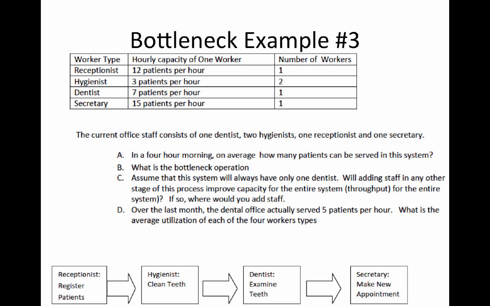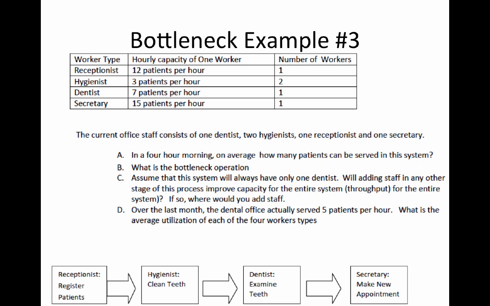Okay, so then part C, assume that this system will always have 1 dentist. So the dentist, we saw they see 7 patients per hour. Will adding staff in any other stage of the process improve capacity or throughput for the entire system? So again, we look at the dentist, they see 7 per hour, but the hygienist is now only 6 per hour because we have 2 hygienists.